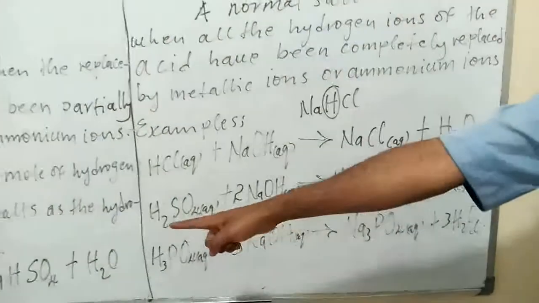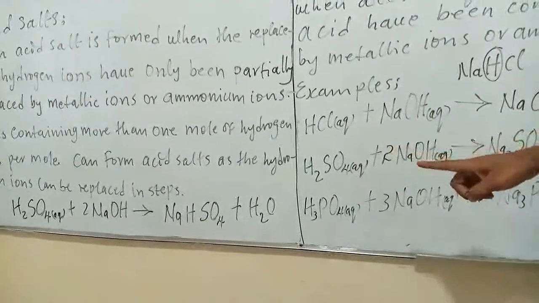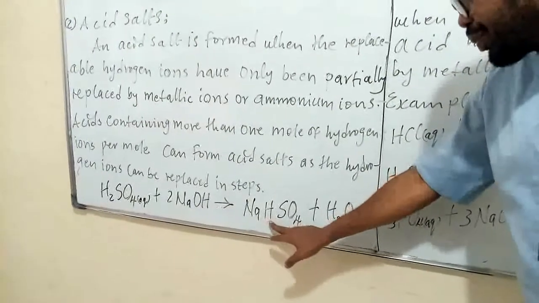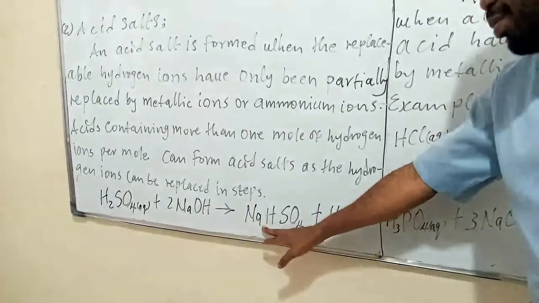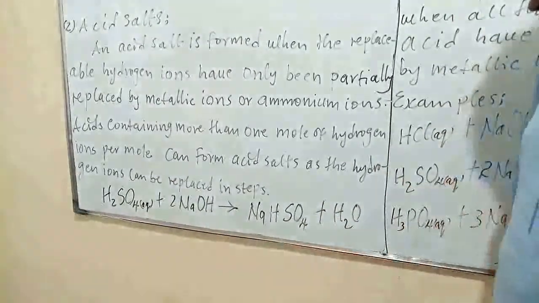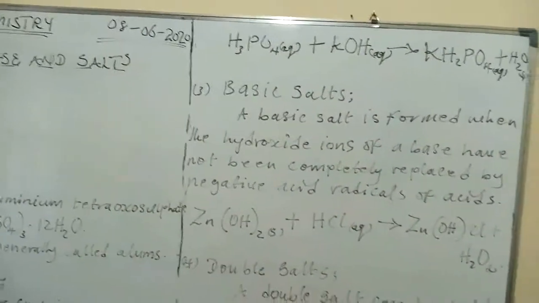But for an acid salt, the hydrogen ions are not completely replaced, so we still have a mole or an atom of hydrogen present in it. Once this happens, it is no longer a normal salt, rather an acid salt. Is that clear? Okay. Now, look up.